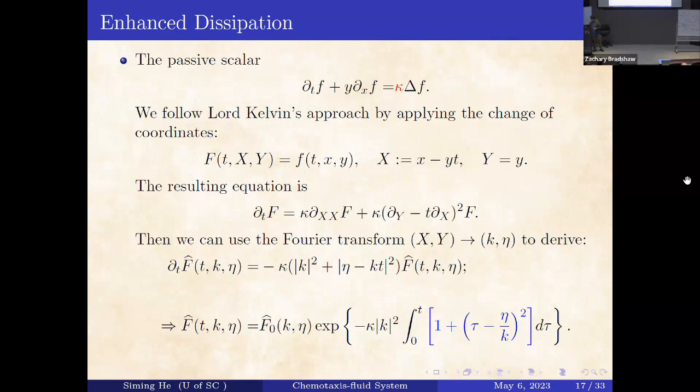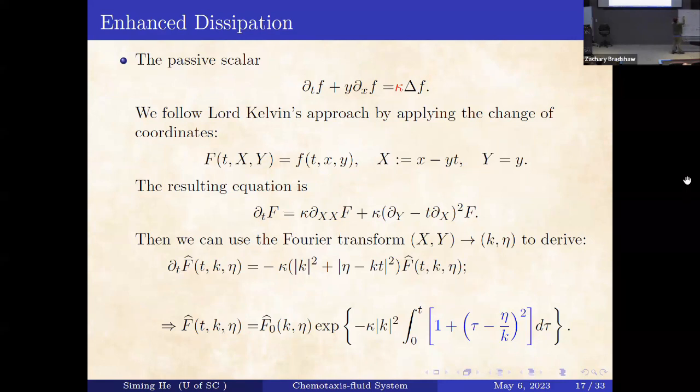Here I will write down this notation because later we are going to use it many times: capital X is equal to x minus ty, and capital Y is our original y.